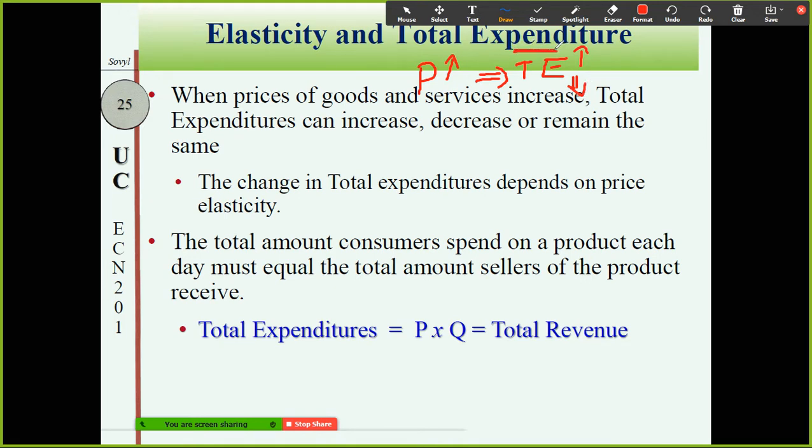No change. Okay, so when the price of goods or services becomes more expensive, the total expenditure that's spent by buyers or demanders in the market could be increasing, decreasing, or be the same as before.